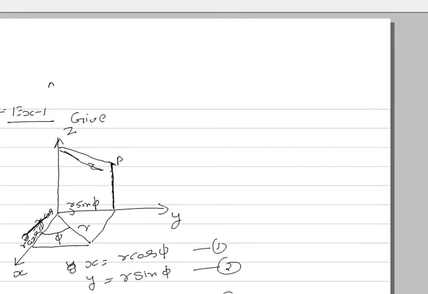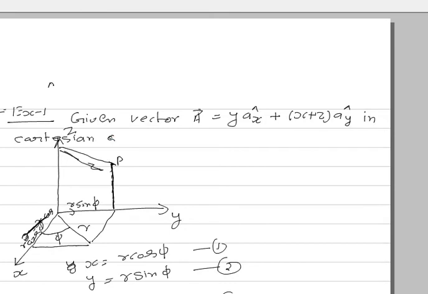Given vector A equal to y unit vector AX plus (x plus z) unit vector AY in the Cartesian coordinate system at point P (-2, 6, 3).